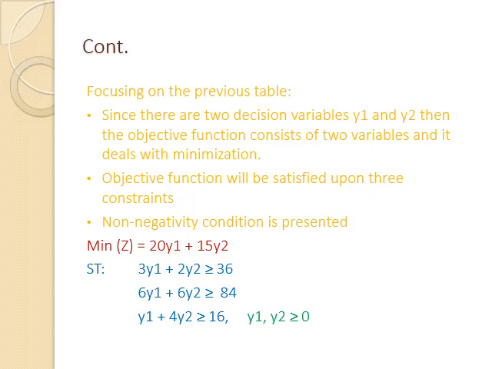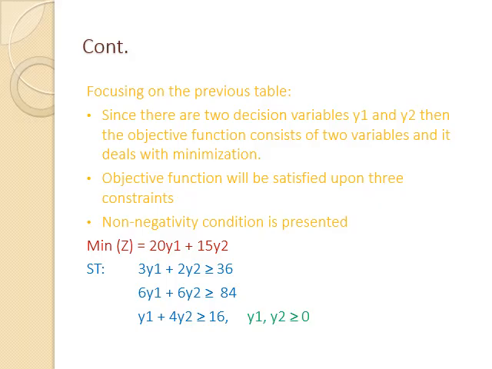Number 1, since there are two decision variables, y1 and y2, the objective function consists of two variables and it deals with minimization. Once we are talking about cost, automatically the objective function is about cost minimization.